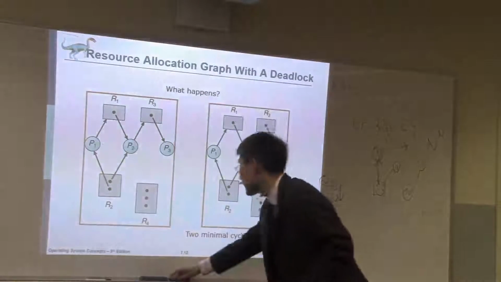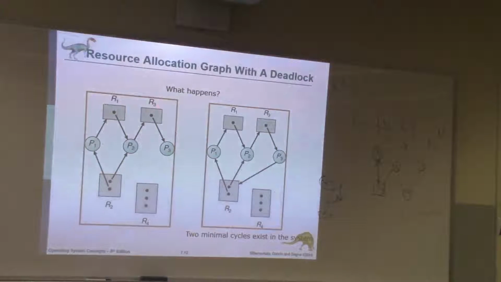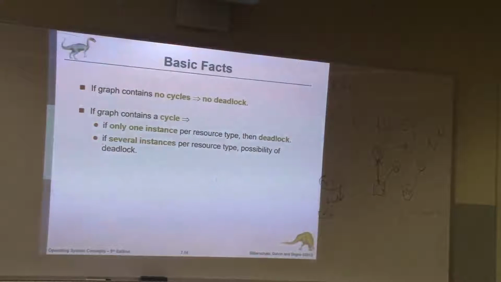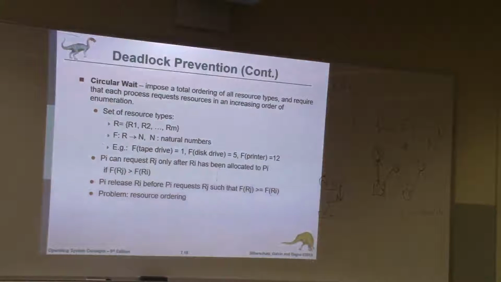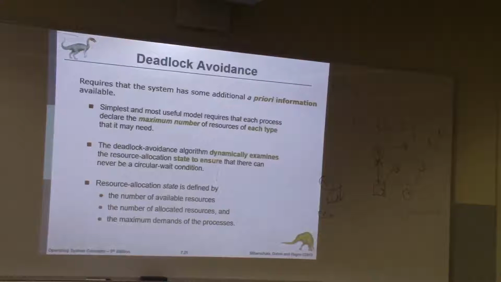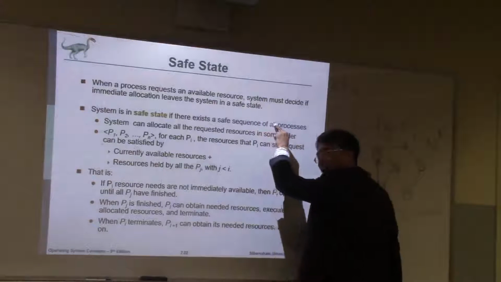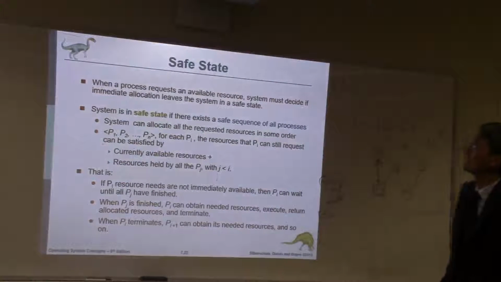The problem is, in this case it's quite easy to decide the process list. In general, it's not easy. So we will see how we can determine whether a state is safe or not. Our goal is, what if I allow the request, whether that is a safe state or not.